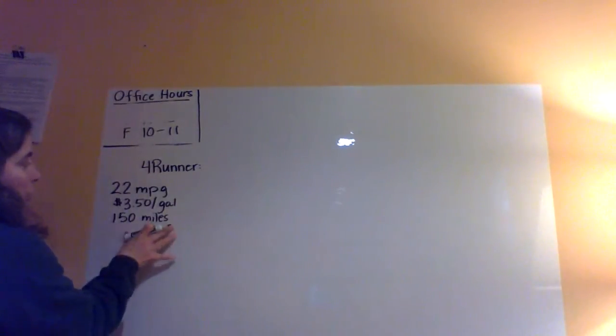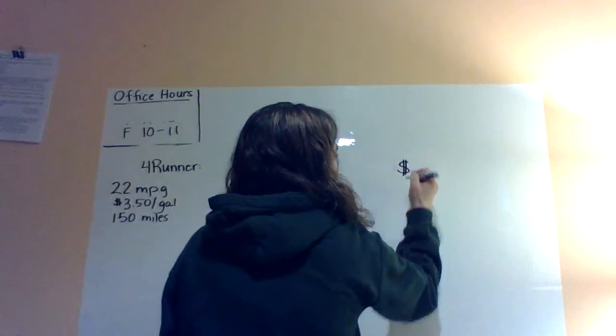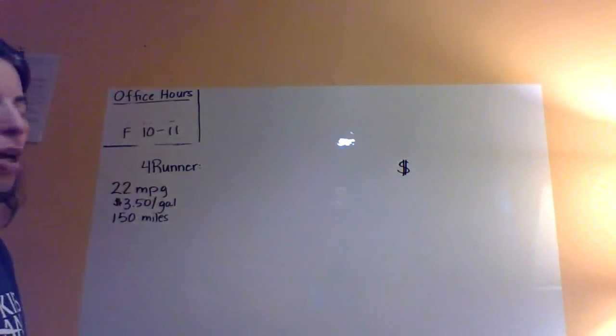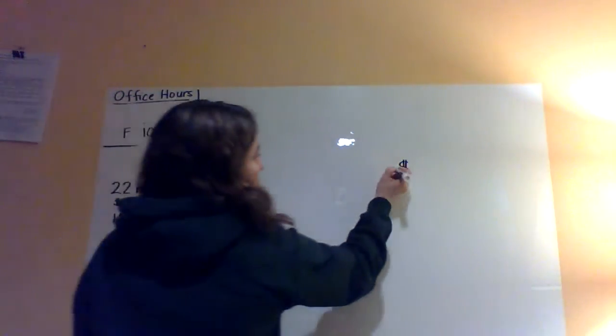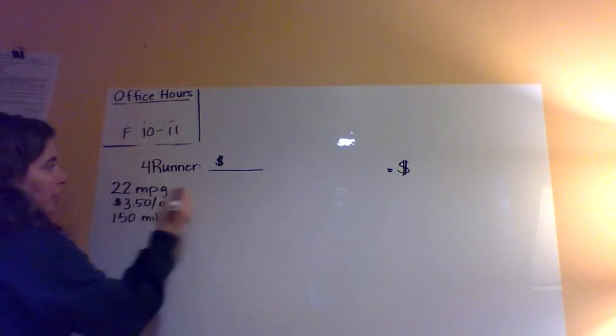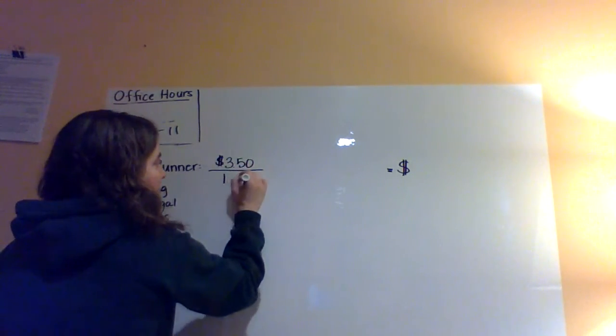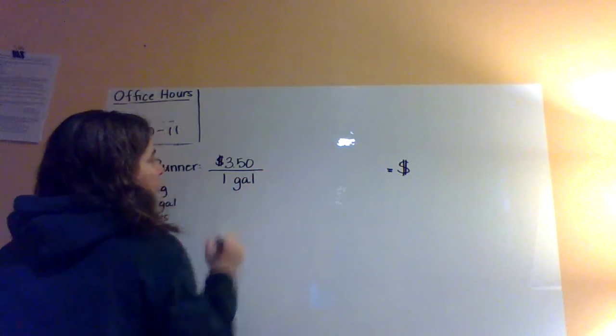We know that we want an answer that's in dollars. Cost. Okay. So we want to start with something over here that's going to have dollars in the numerator. And if we look at our information, we can see that that piece of information would be $3.50 for 1 gallon.